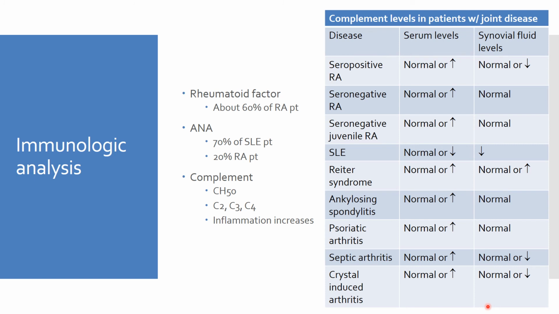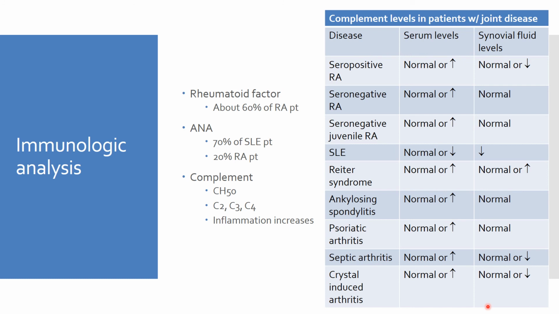And then there is also juvenile RA, but in those cases they're seronegative. If they're seropositive, they go into the seropositive classification. Then SLE, Reiter syndrome, ankylosing spondylitis, psoriatic arthritis, septic arthritis, and crystal-induced arthritis.